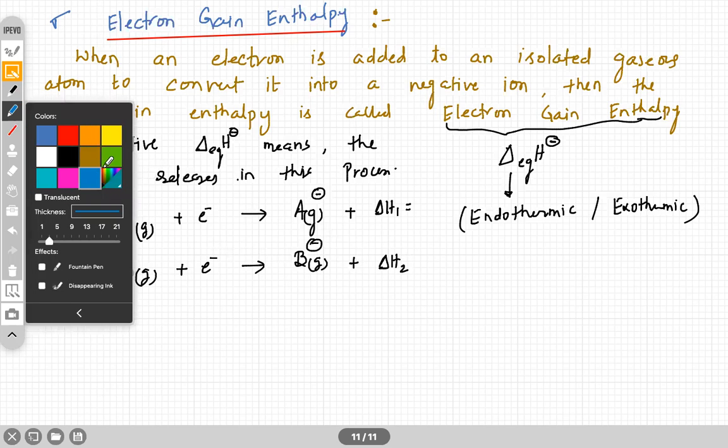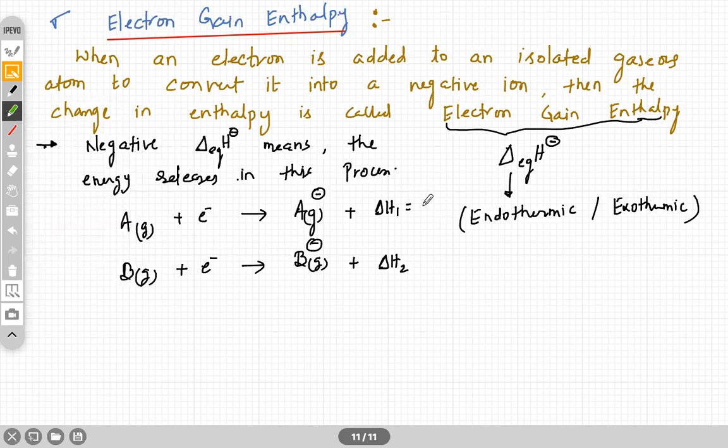I won't say that it cannot be positive. It can be positive, but mostly it is negative only. Suppose we have minus 10 kilojoule of energy here, and minus 20 kilojoule here. The negative sign represents that the energy is getting released.